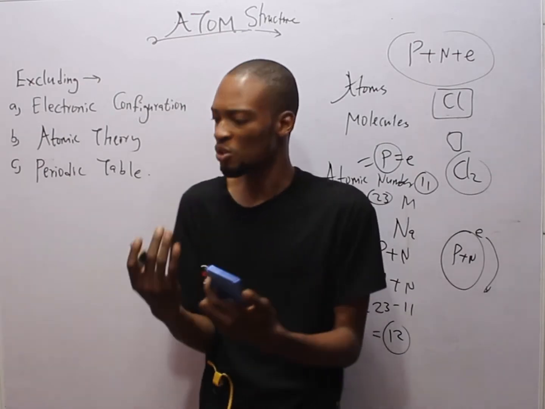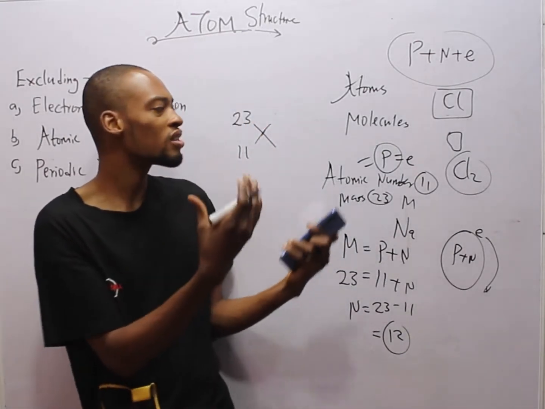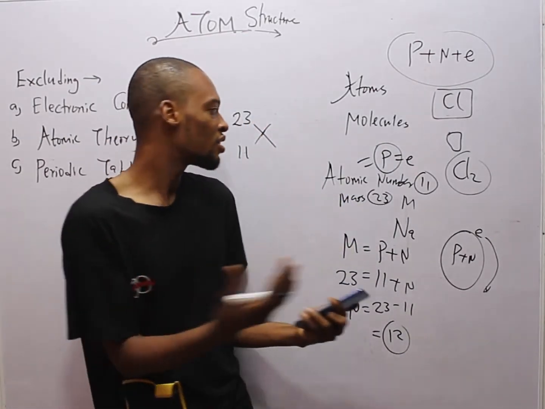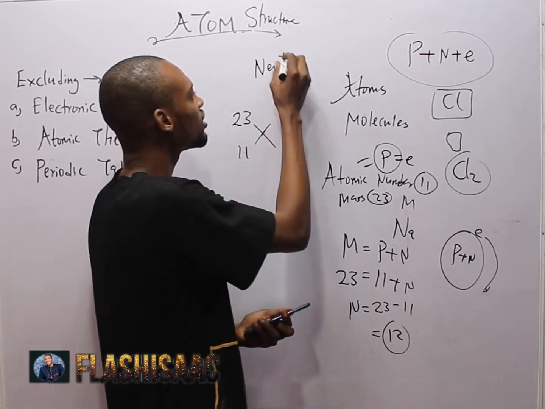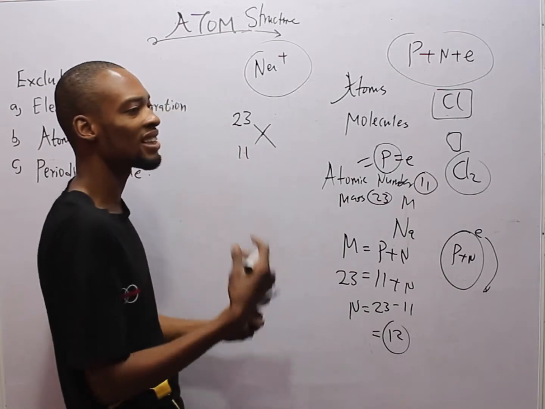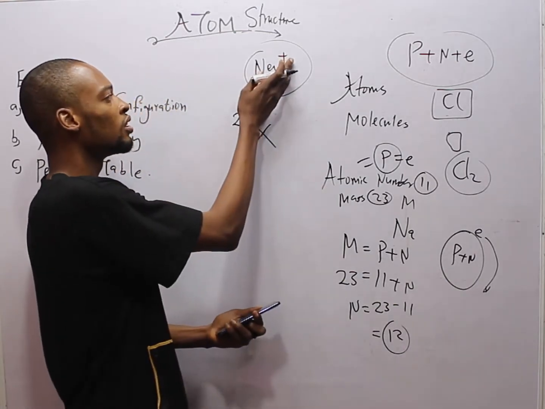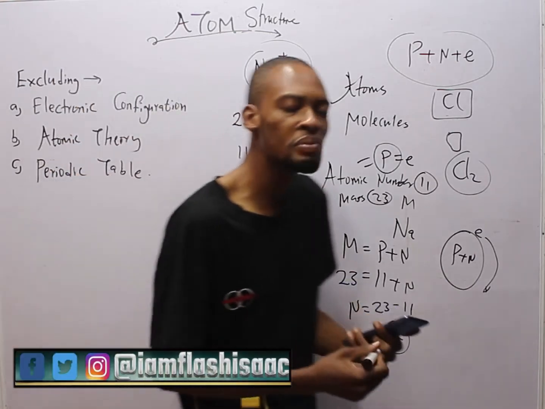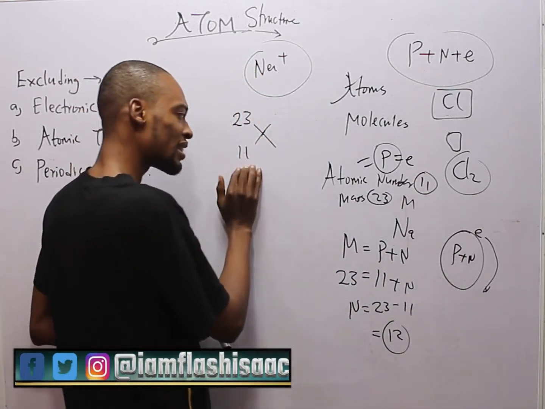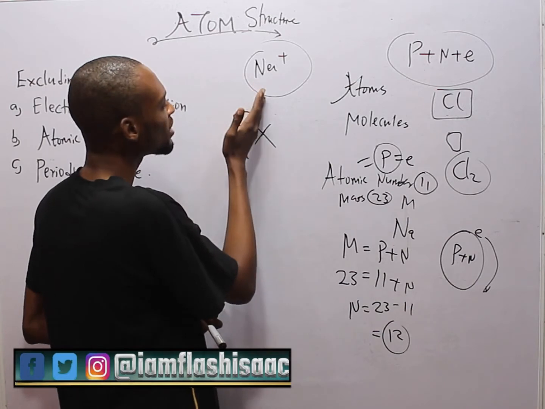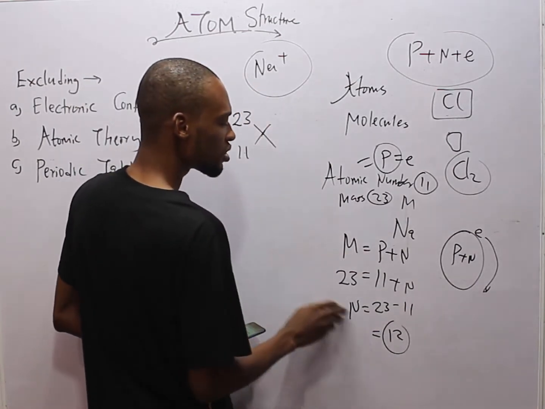For every neutral atom, the number of proton is equals the number of electron. Meanwhile, if you have something like this, Na+, this means this atom has lost an electron. So this is an ion. The number of proton may simply not be equals the number of electron. So for this atom, the atomic number is 11, the mass number is 23, the number of neutron is 12.